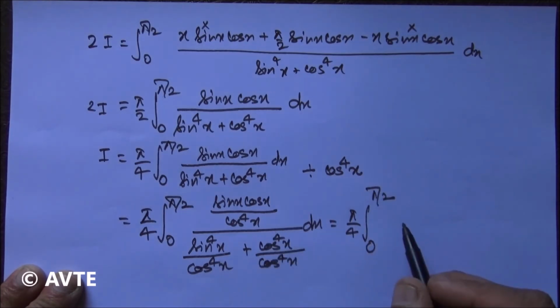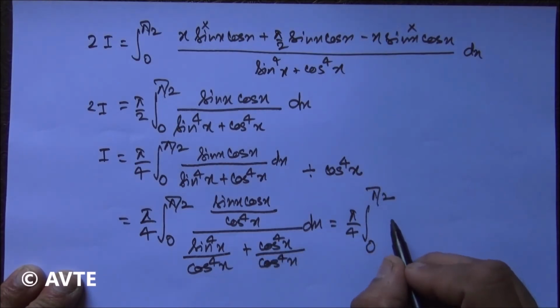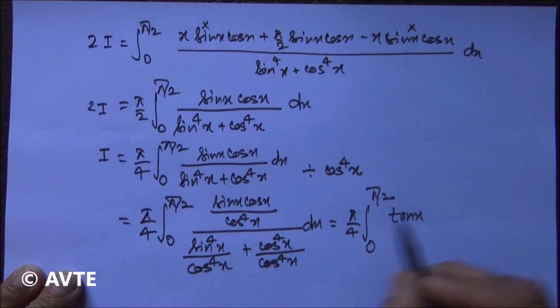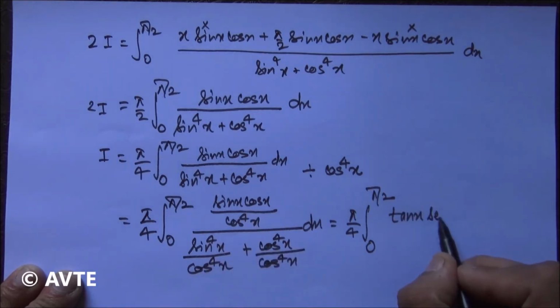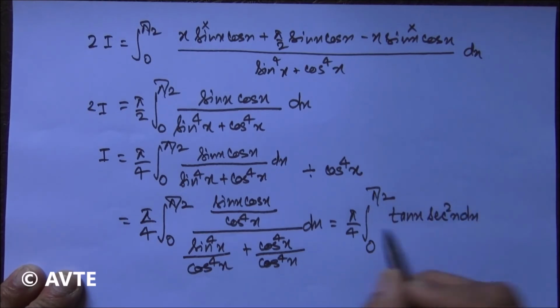Now this is sine x over cos cube x, which is sine x by cos x is tan x, and 1 upon cos square x will turn to secant square x dx. And in the denominator, you can see that it is tan raised to power 4 x plus 1.